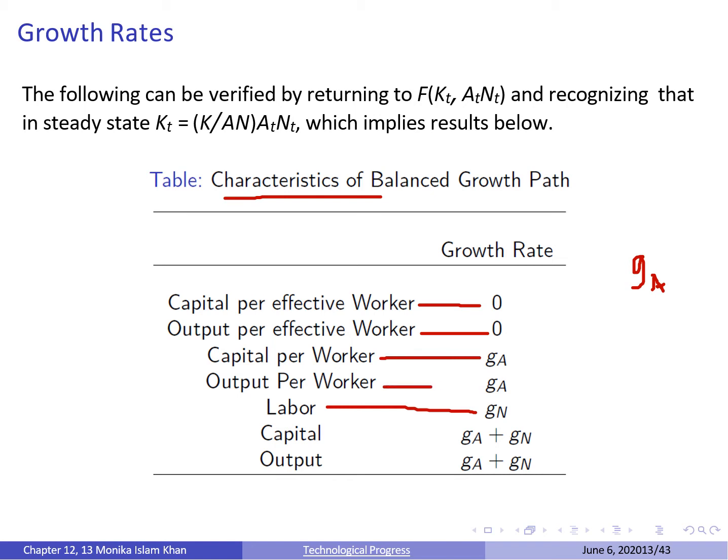The same is true for output per worker. And then obviously we know that capital is growing at gA plus gN and output is growing at gA plus gN. You need to remember these for this chapter or for this lecture.